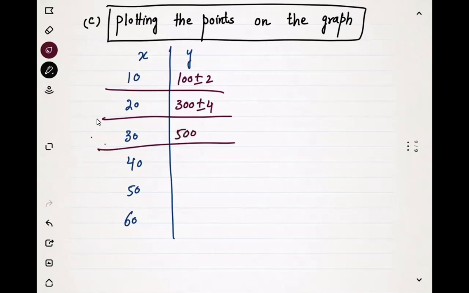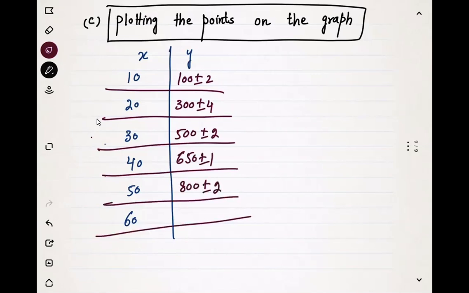These are example values. 500 plus minus 2, it could be 650 plus minus 1. It could be 800 plus minus 2. It could be 1000 plus minus 5. Now, how will you plot your values of X and values of Y?